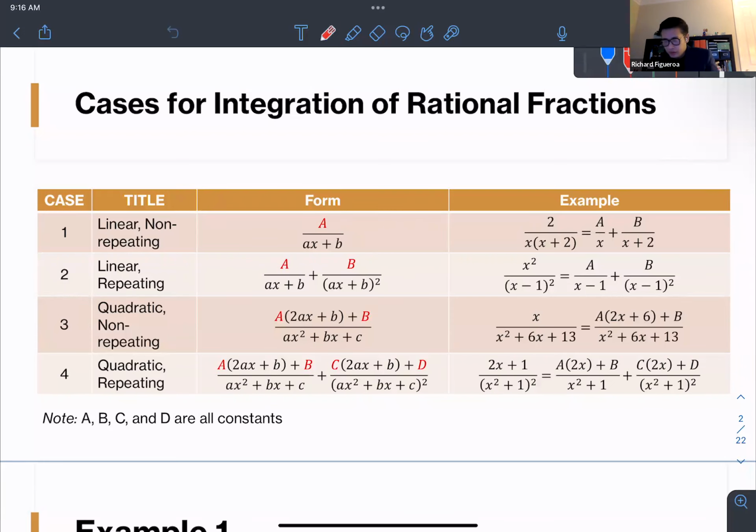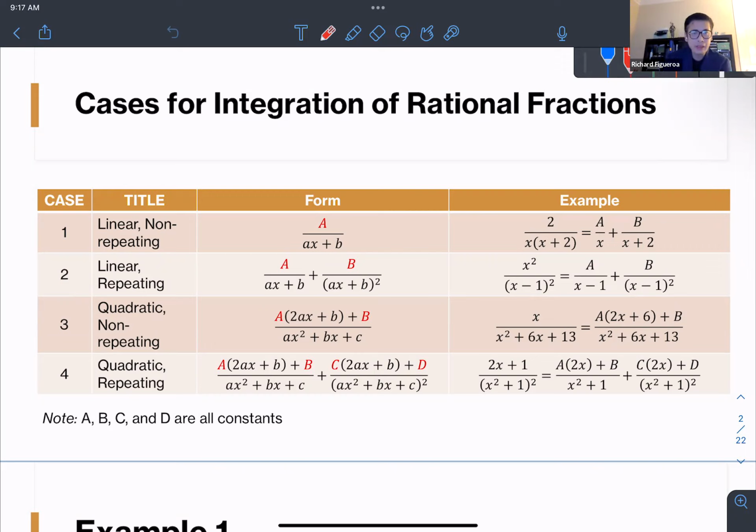Case 3, usually we could have the inverse trigo, since it is quadratic, or with the use of logarithm and power rule as well. So how do we classify? Which one will be the case to use?